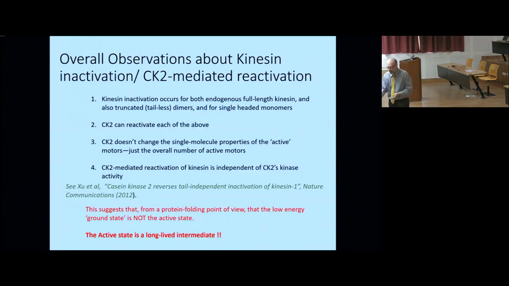Okay? And so what it suggests is that the active state of kinesin is an intermediate before you've gotten to the ground low energy state. And that's really interesting, because there's this notion that when you fold, you basically funnel down to a unique, folded conformation.